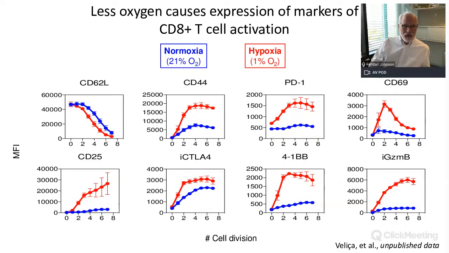You can see, in these FACS plots quantified, the numbers on the x-axis there are cell generation. So these are characterized by CFSE so that we can actually look at, for each cell division step post-activation, what the difference in expression is.